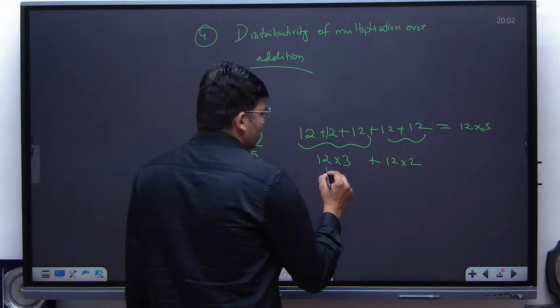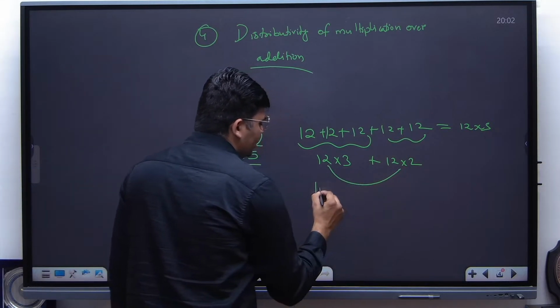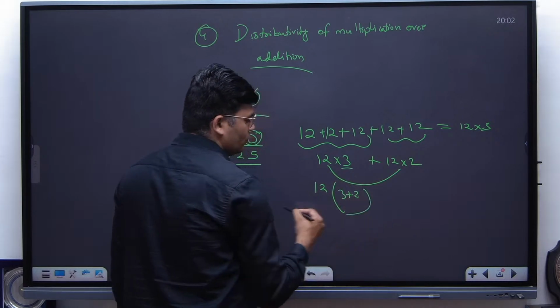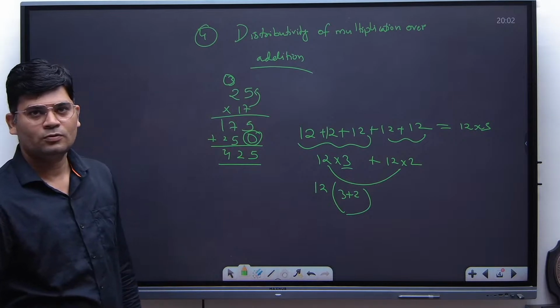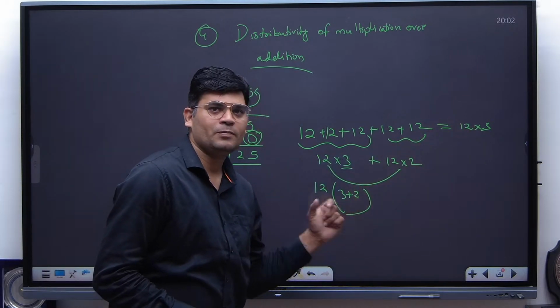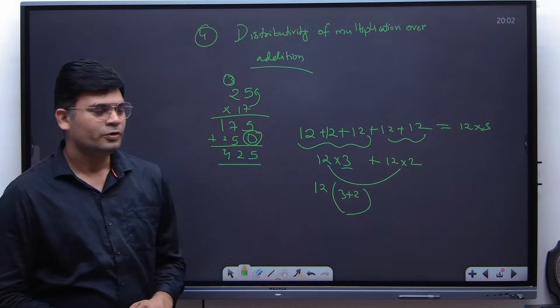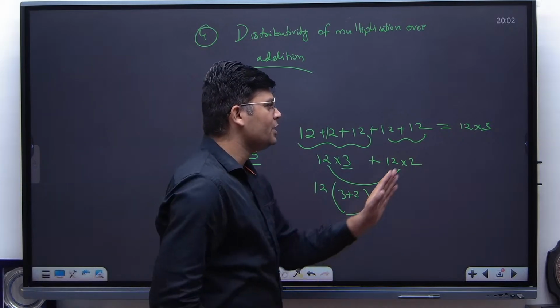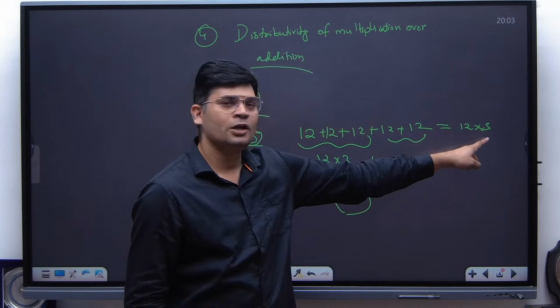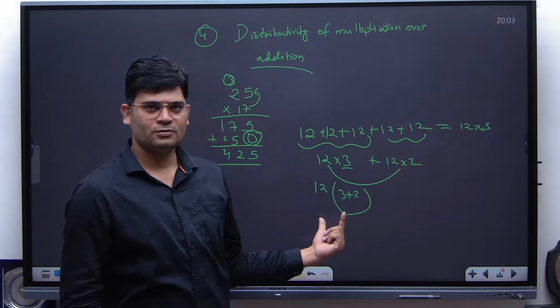Now in these two terms I can take 12 as common, and in the bracket I will write 3 plus 2. That means I have split 5 into 3 plus 2. So I have distributed the multiplication: distributivity of multiplication over addition.